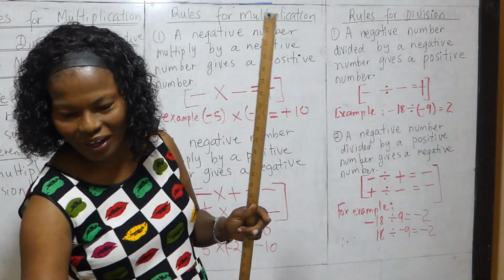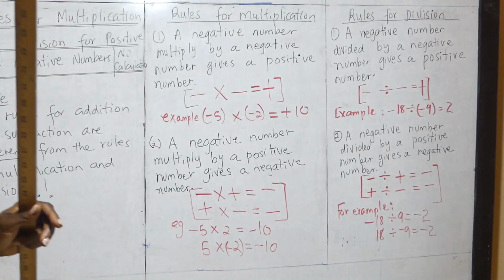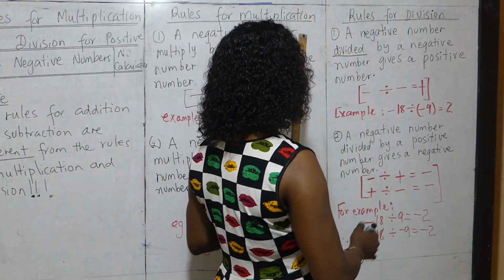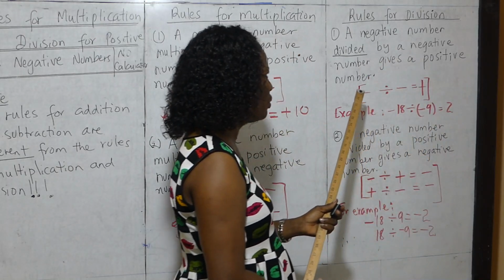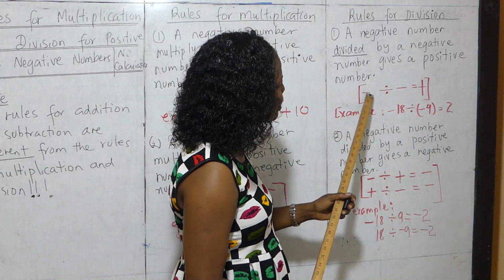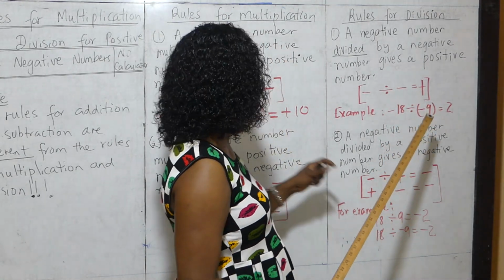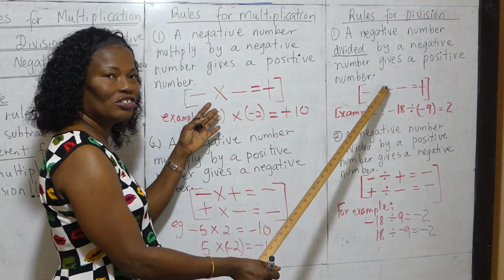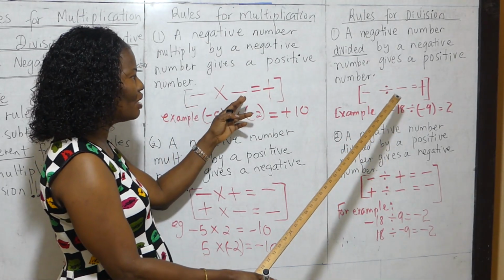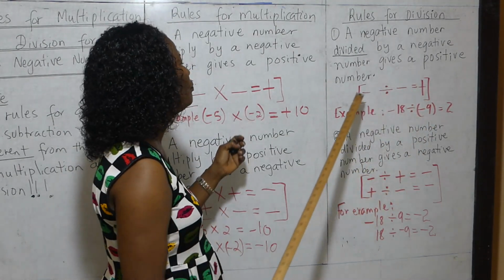A negative number divided by a negative number gives a positive number. So here you go, negative divided by negative is equal to positive. So can you see that the rules for multiplication and division are the same? Negative times negative is positive, negative divided by negative is also positive.